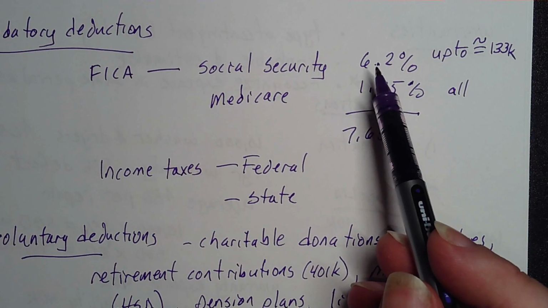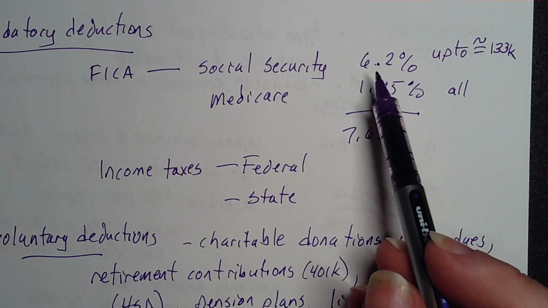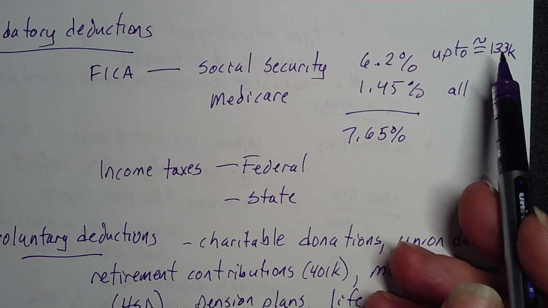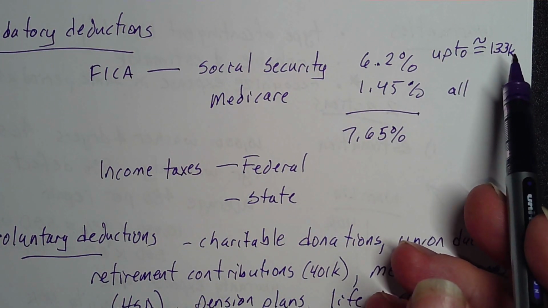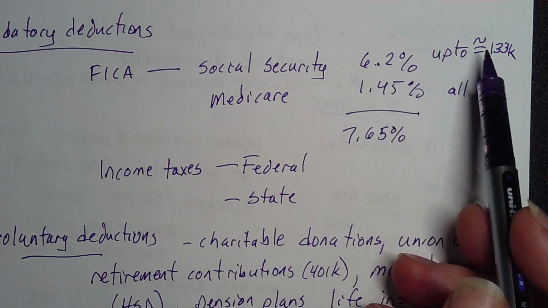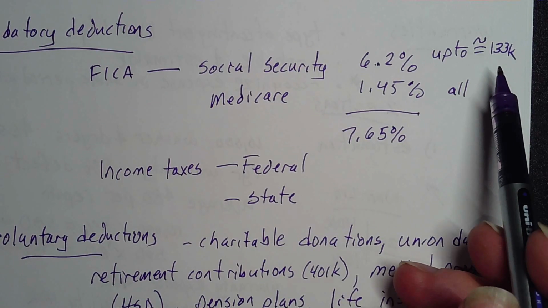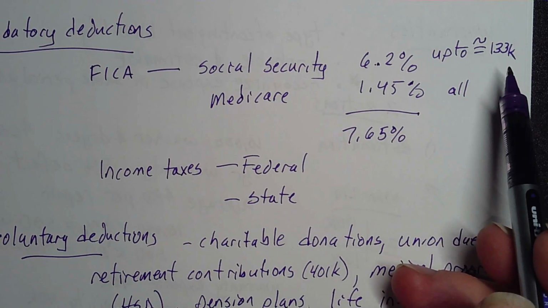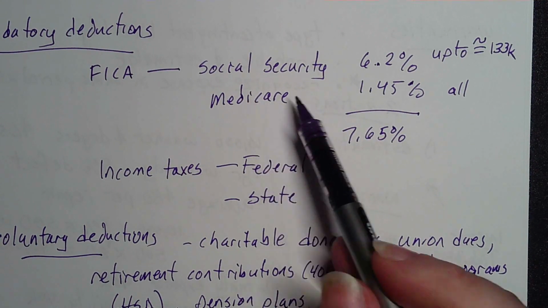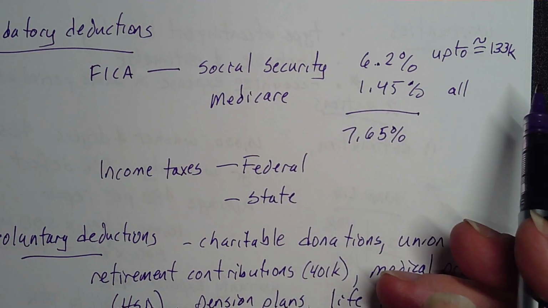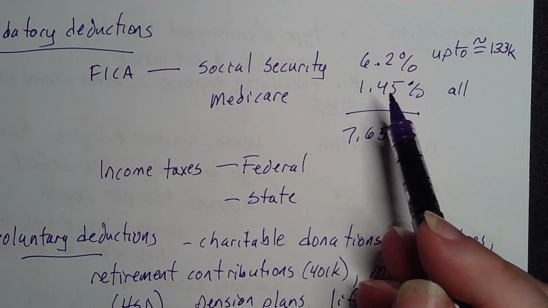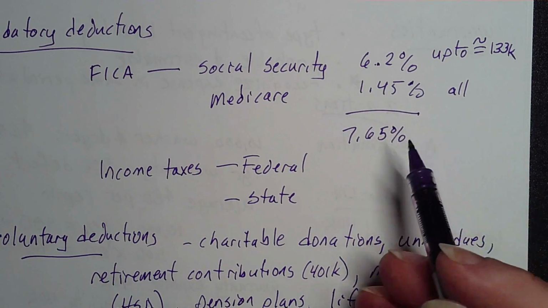And Social Security is 6.2% of your gross earnings, up to, it changes every year with cost of living, but it's around $133,000, I think, around now. And Medicare, so in other words, after $133,000, don't we all wish we had that problem? You're not going to be charged Social Security anymore, only on the first $133,000. And then Medicare, well, it'll be charged on any amount you make. So, Elon Musk is having to pay 1.45% on his second billion each year.